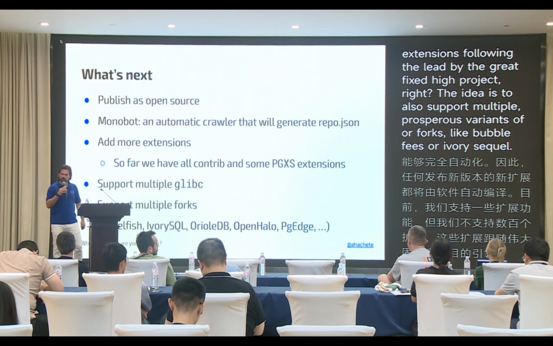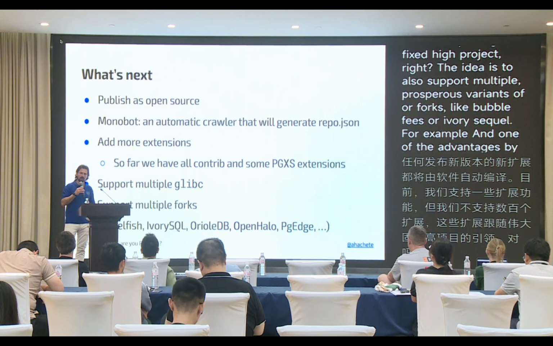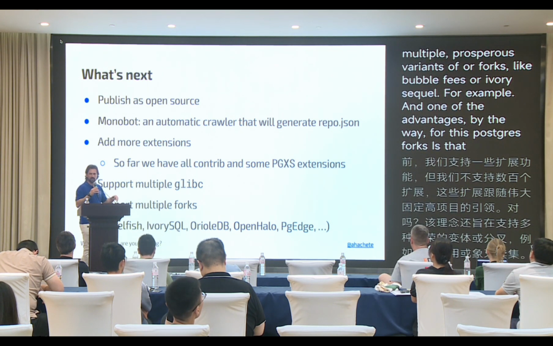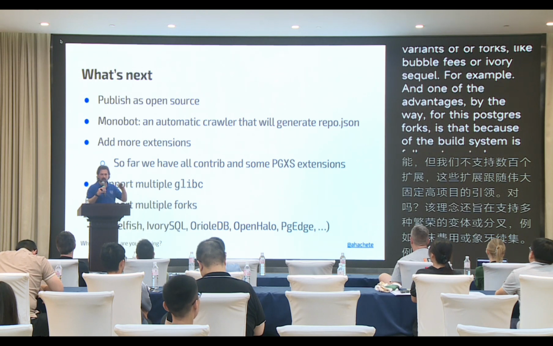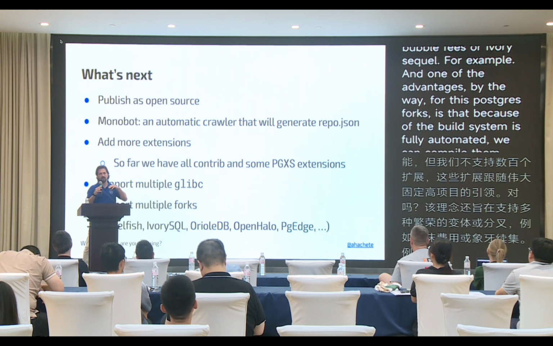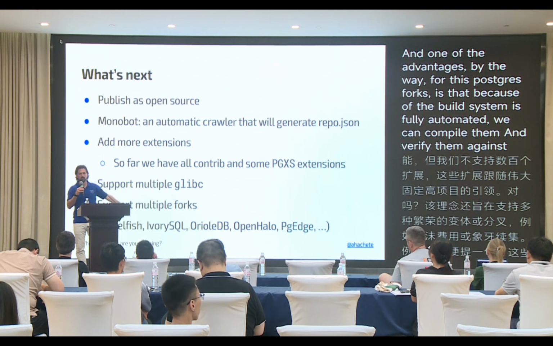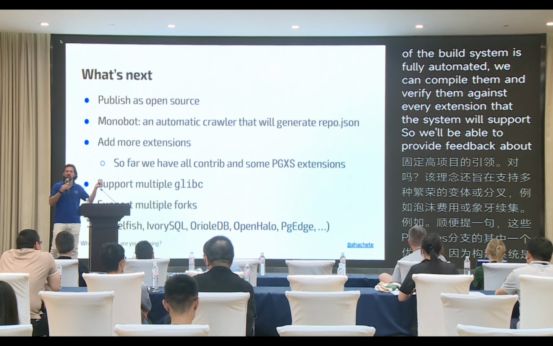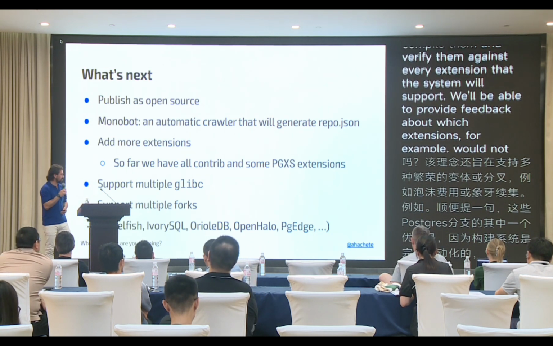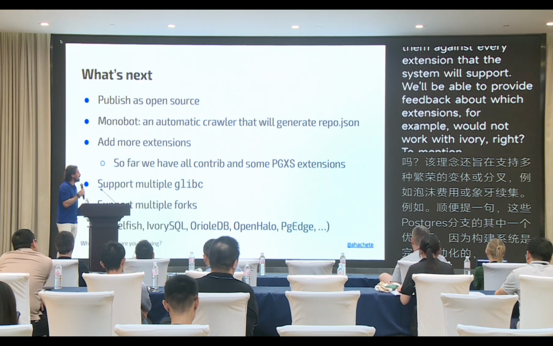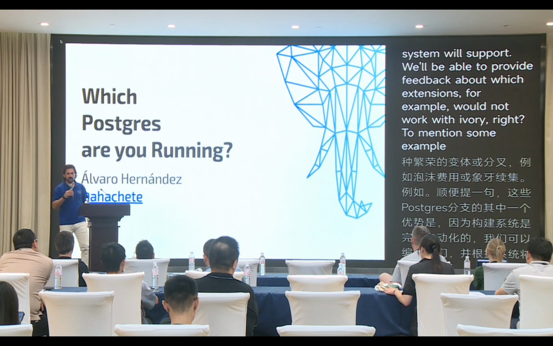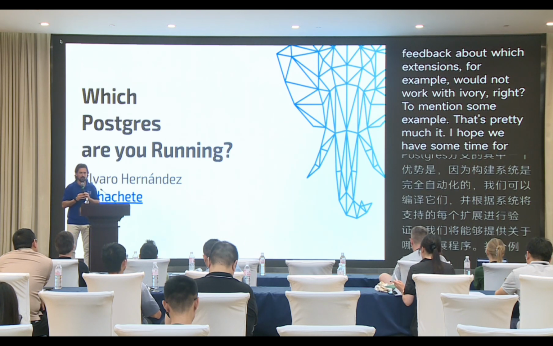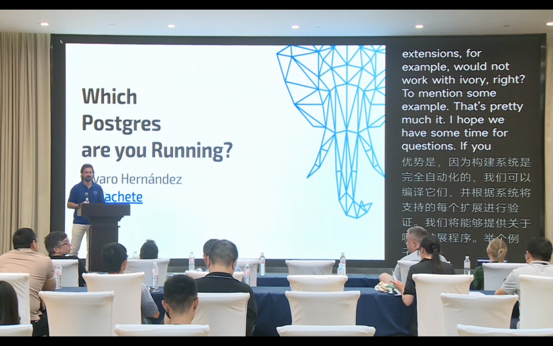And one of the advantages, by the way, for these Postgres forks is that because the build system is fully automated, we can compile them and verify them against every extension that the system will support. So we'll be able to provide feedback about which extensions, for example, would not work with Ivory, right? To mention some example. And that's pretty much it. I hope we have some time for questions, if you have any. Thank you.